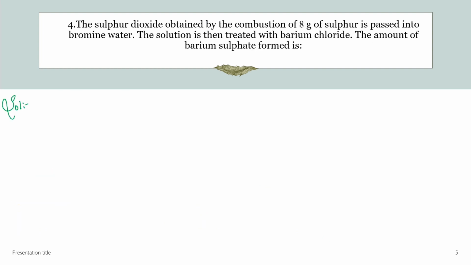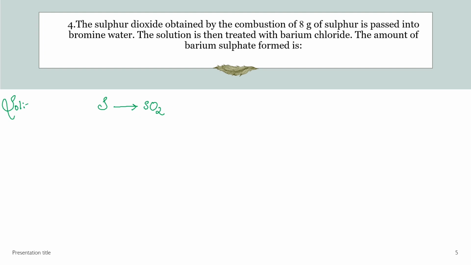Question 4. The sulfur dioxide obtained by the combustion of 8 grams of sulfur is passed into bromine water. The solution is then treated with barium chloride. Then, what is the amount of barium sulfate formed? So let's write the equation. First they said sulfur dioxide is obtained by the combustion. So S, on combustion, forms SO2, that is sulfur dioxide.